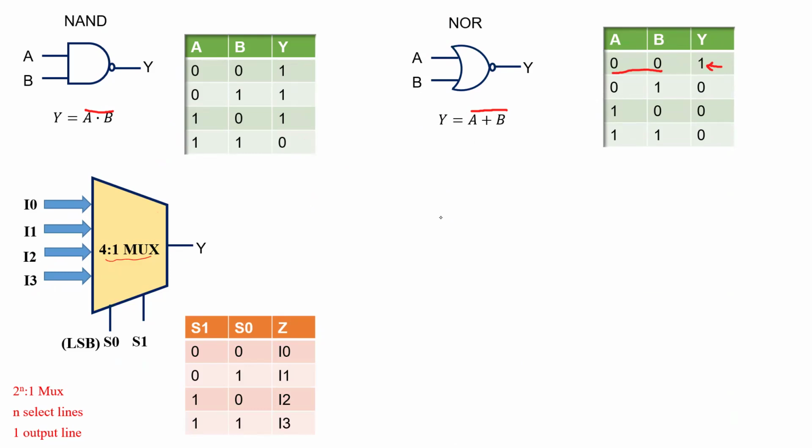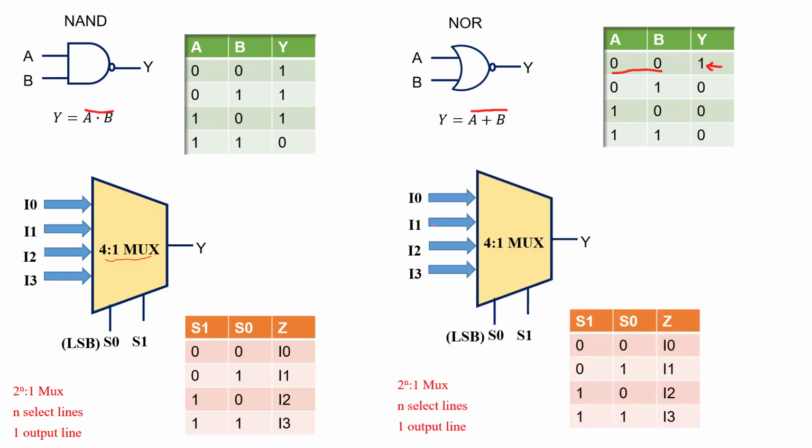So again, to implement this, we need a 4:1 MUX. I have to set the values of I0, I1, I2, and I3 in such a way that when the multiplexer function Z is implemented, I will have them connected one by one to the output. So I0 here is logic 1, I1 is 0, I2 is 0, and I3 is 0.